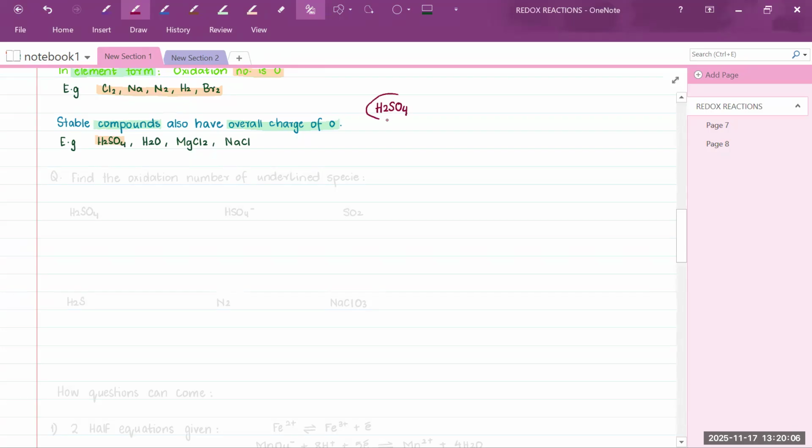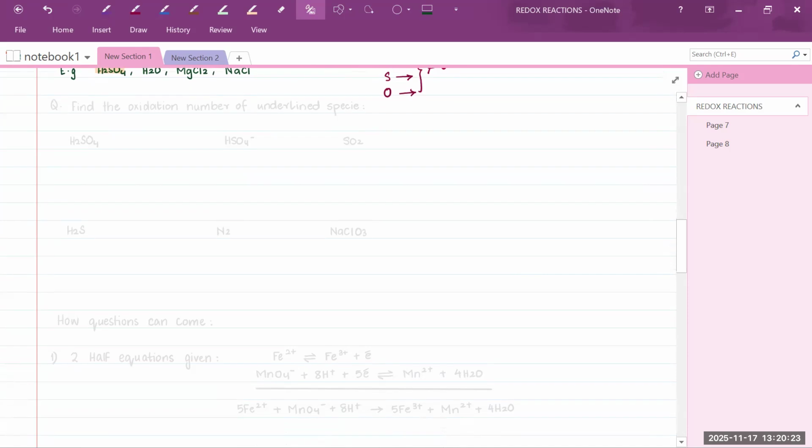The overall charge is 0, like this whole compound is 0, but H2 has its own charge, S has its own charge which is not equal to 0. O also has its own charge which is not equal to 0, right? The overall compound is 0.